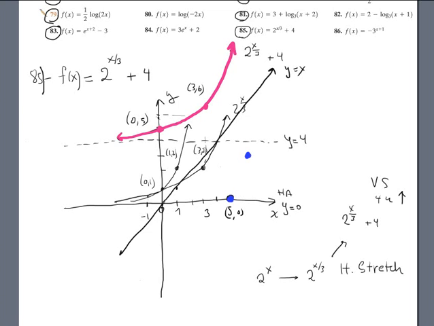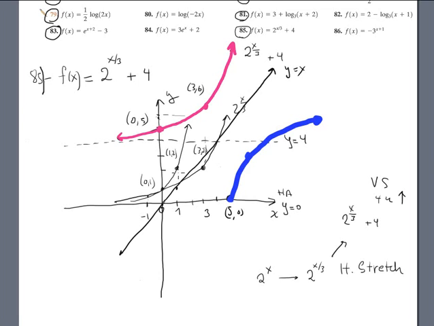Okay, so you approximately connect here. Now let me see the asymptote.